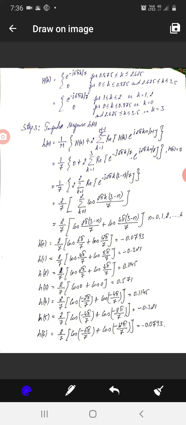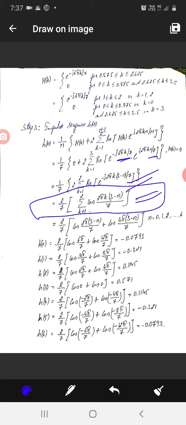Take minus j 2 pi k as common. The remaining part, if I take minus j 2 pi common, you will get 3 minus n divided by 7. Again, we are going to consider only the real part in this case. For that reason, you will get only cos 2 pi k (3 minus n) divided by 7 here.